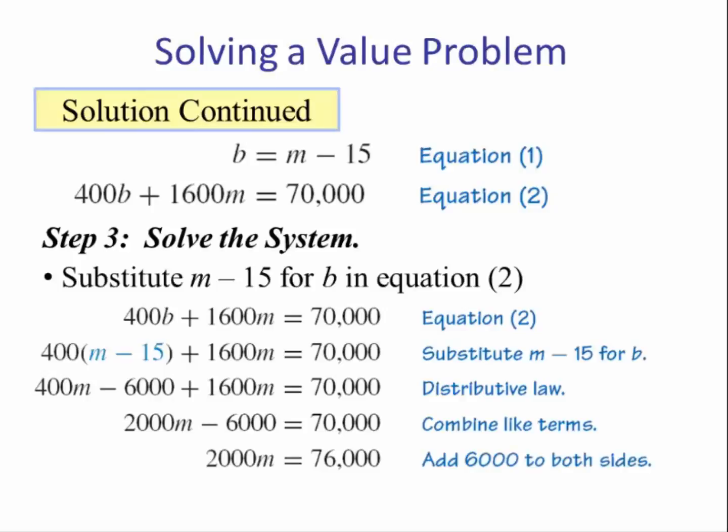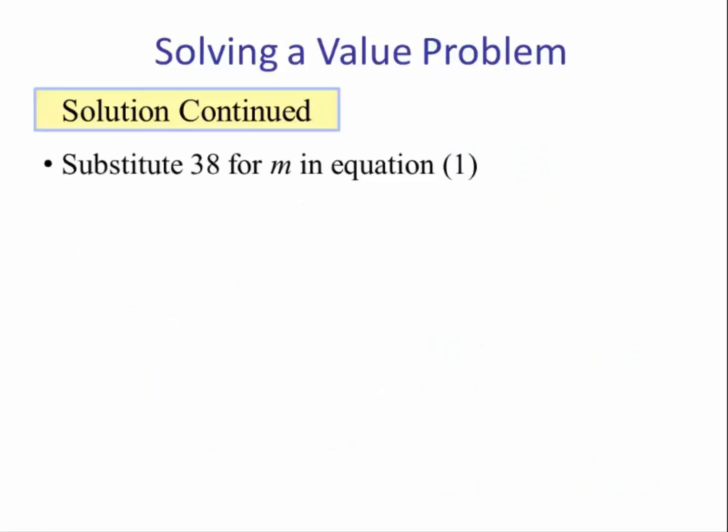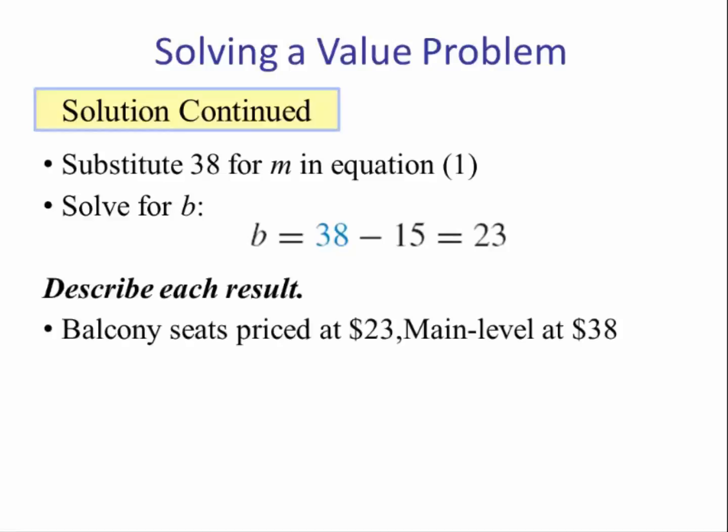Next, we add 6,000 to both sides, and then we divide by 2,000, and we see that M is equal to 38. So if we go to equation 1 and substitute 38 for M, we can find B. So we have B equals 38 minus 15, which is 23. So the balcony seats are priced at $23, and the main level seats are priced at $38.